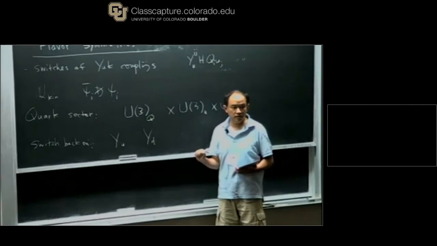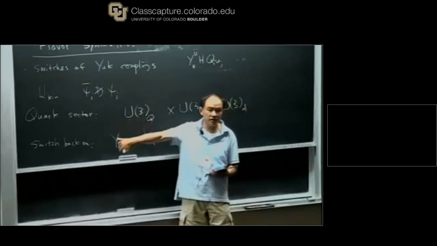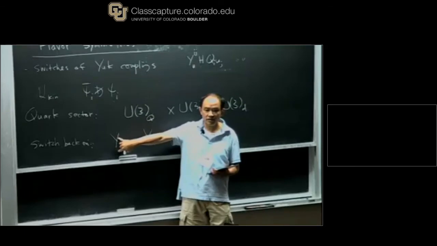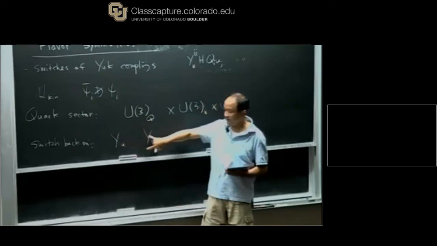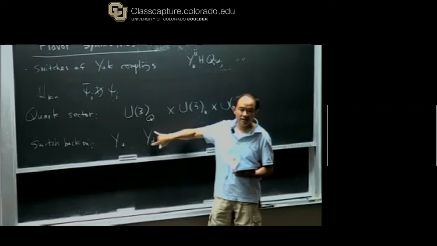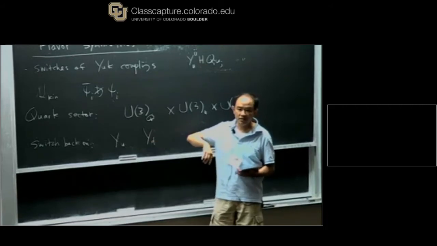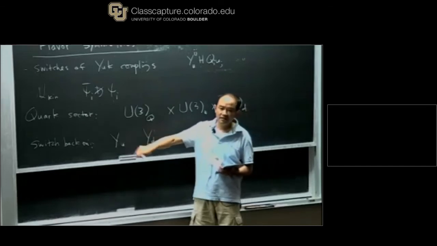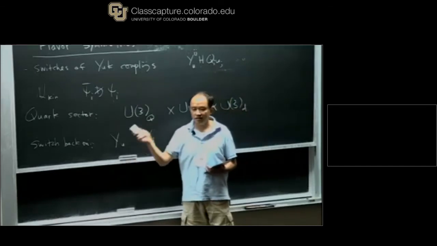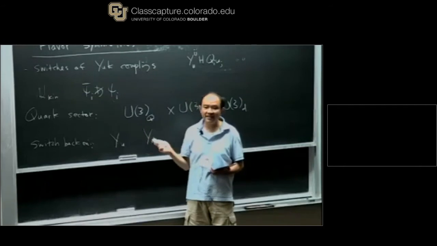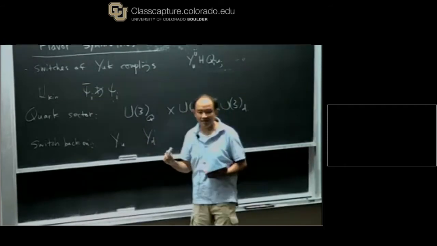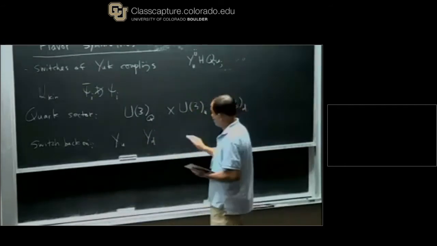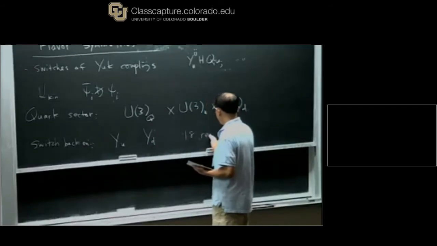So this is a general 3×3 complex matrix, and this is a general 3×3 complex matrix. So how many parameters are there? This is 18 real, 18 imaginary.